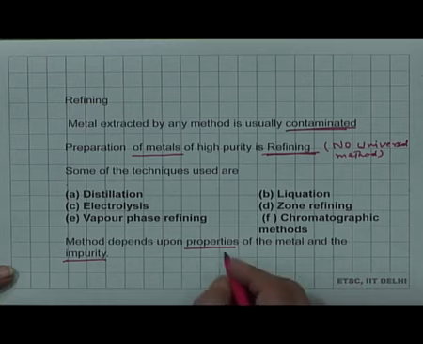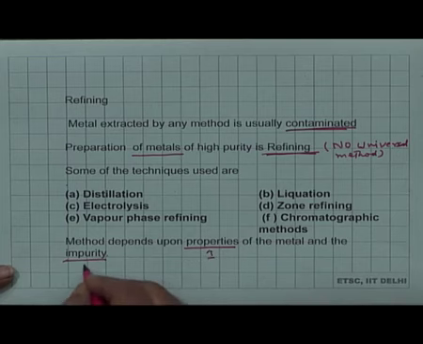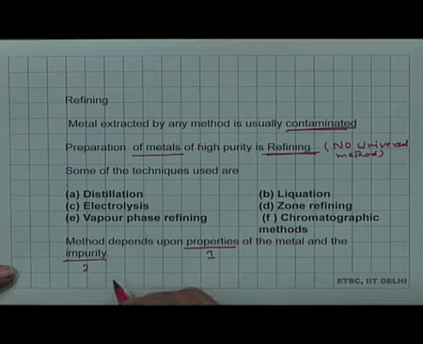So, two things are important: properties of the metal and second the impurity which is present. Now, they vary from the source of the metal extraction as well.